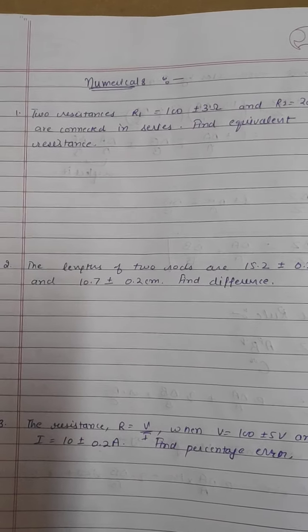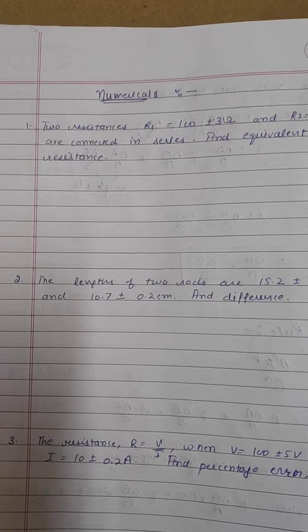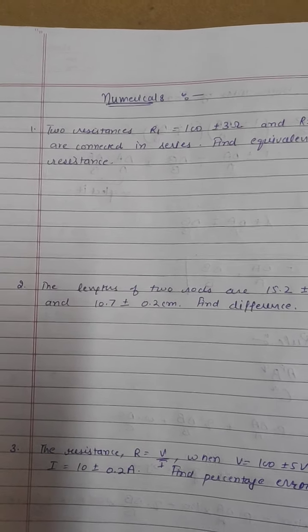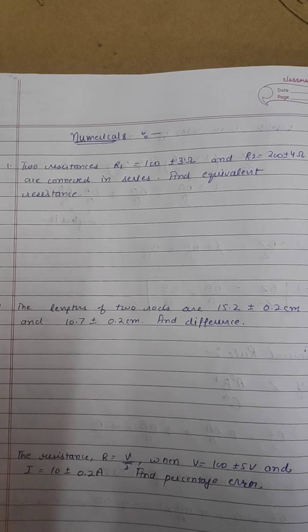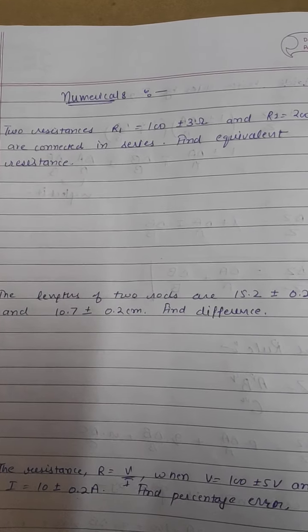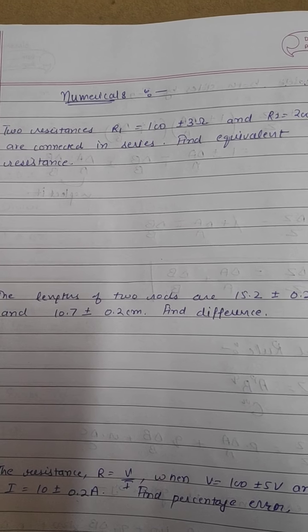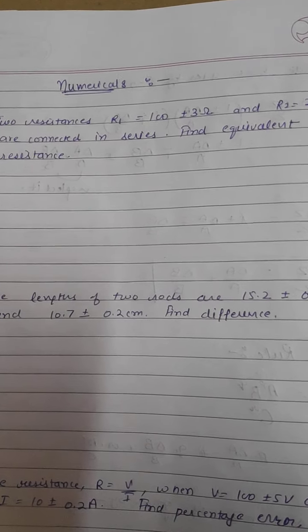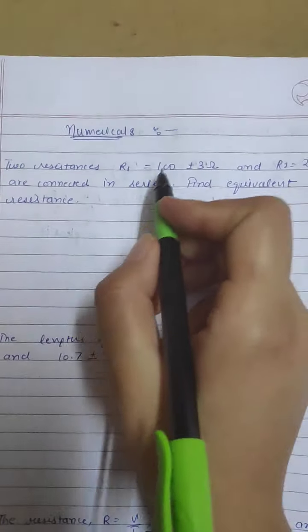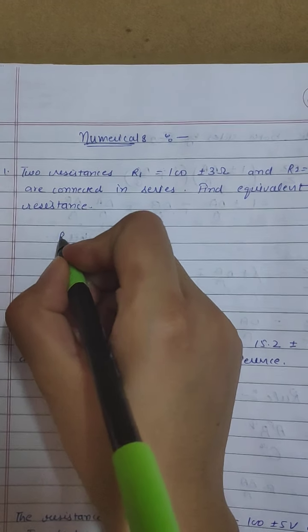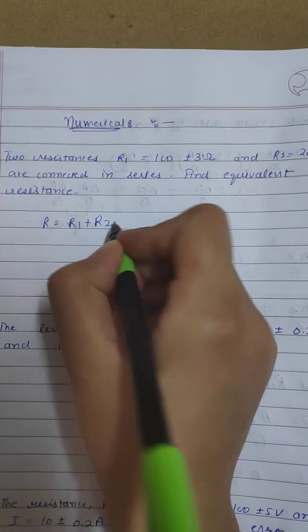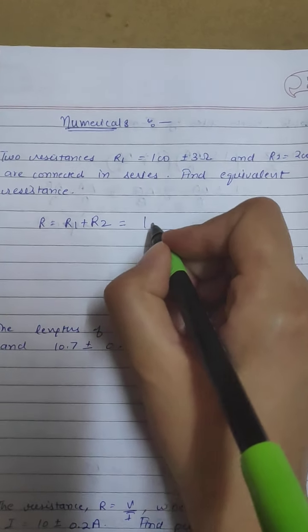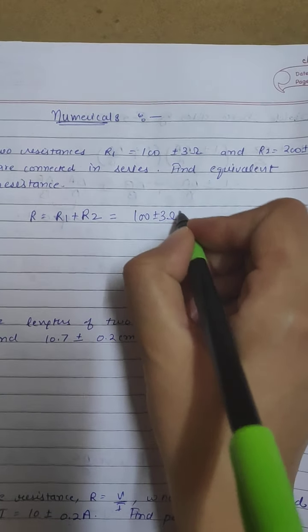Let's discuss a numerical based upon this. Two resistances R1 is equal to 100 plus minus 3 ohm and R2 is 200 plus minus 4 ohm. They are connected in series. What is their equivalent resistance? Now two resistors are connected in series, so the formula will be R is equal to R1 plus R2. What is R1? That is 100 plus minus 3 ohm.